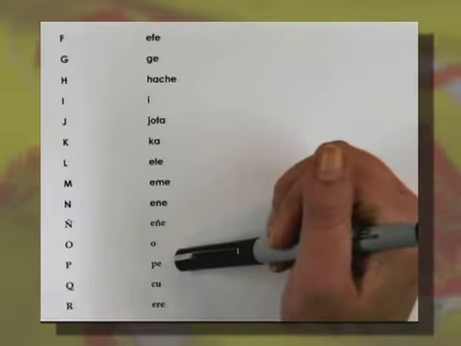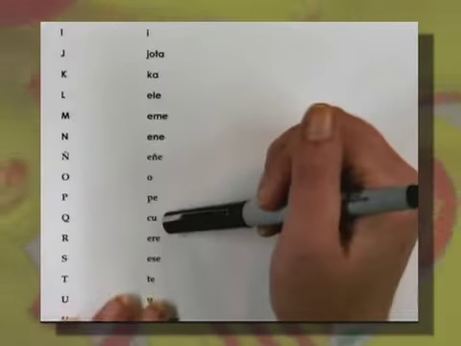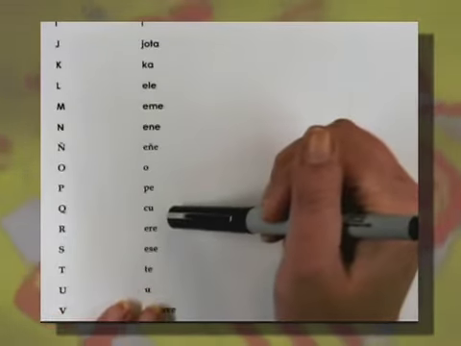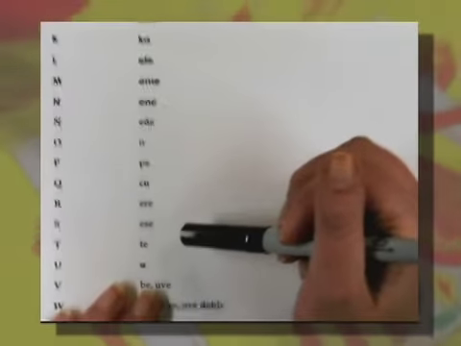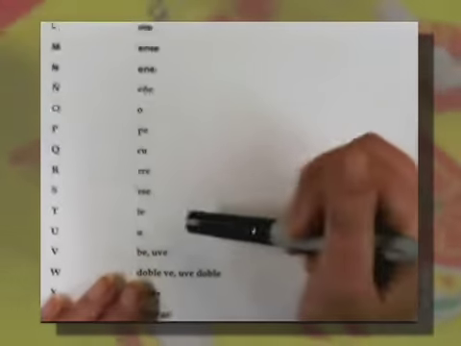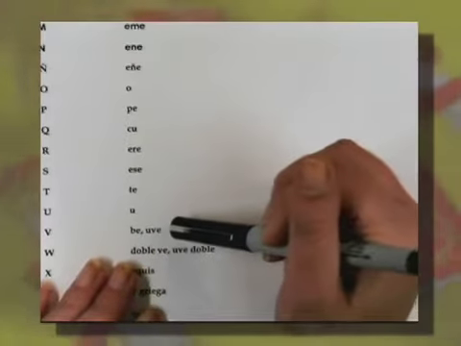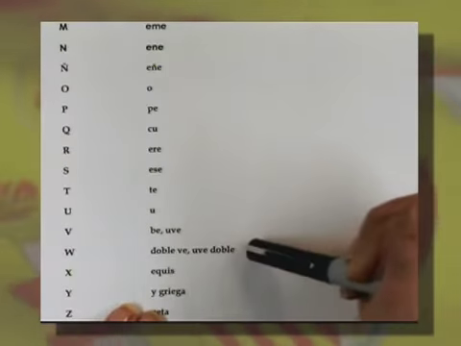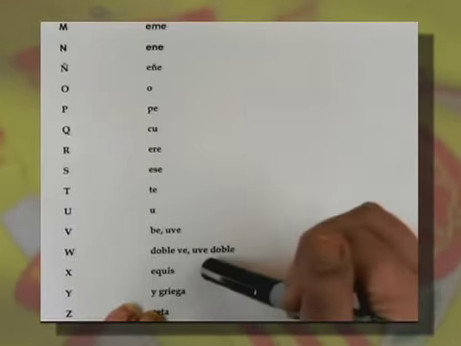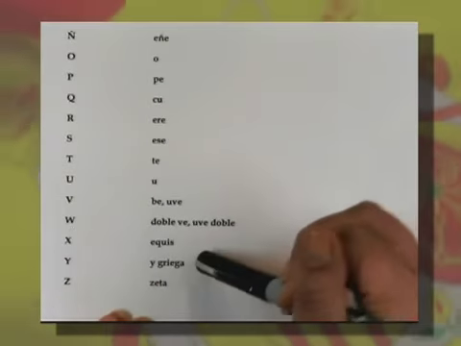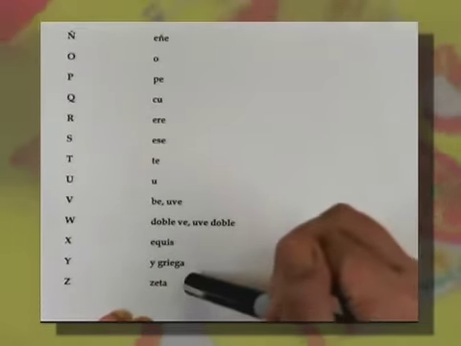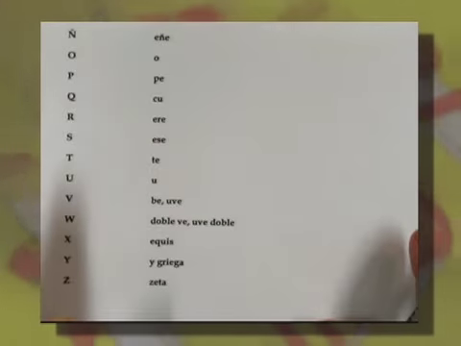O. P. Q. R. S. T. U. V. W. X. Y. Z. Muy bien. Now that we know what the letters are, spelling is not too hard.